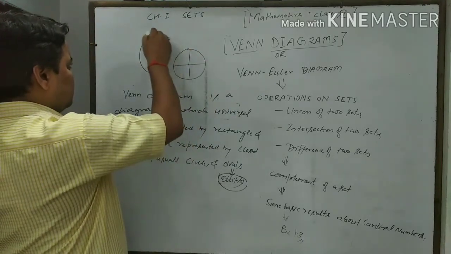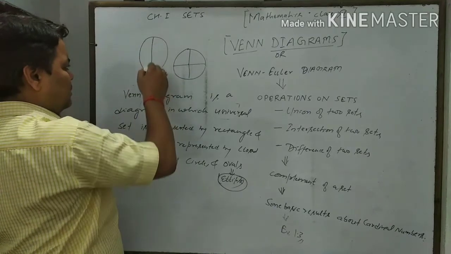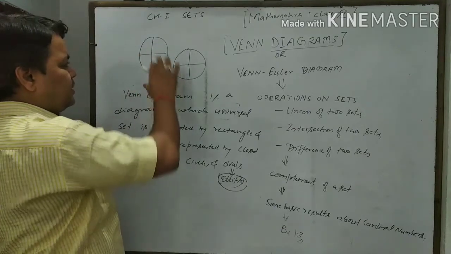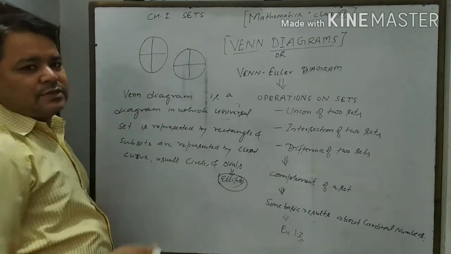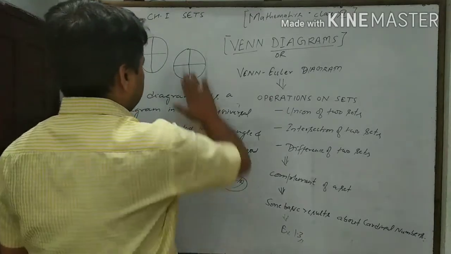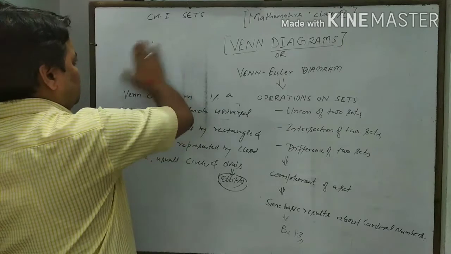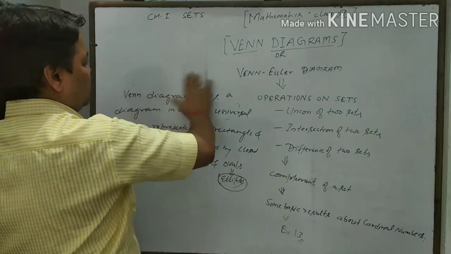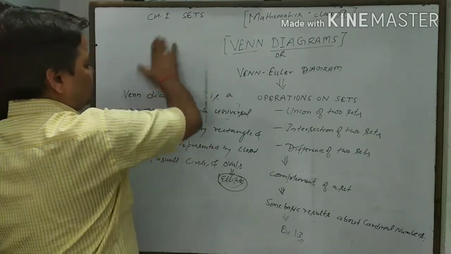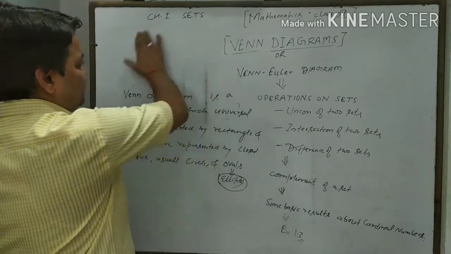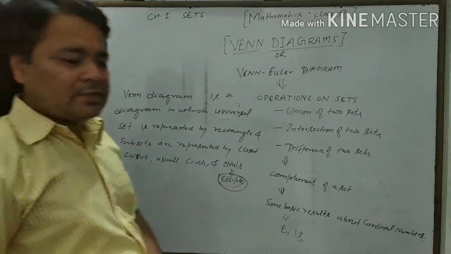Ellipse means this shape, where this distance and this distance are different; this is more than this distance. This is the ellipse and the circle. We should discuss this in the coordinate geometry part of mathematics here in 11th class.